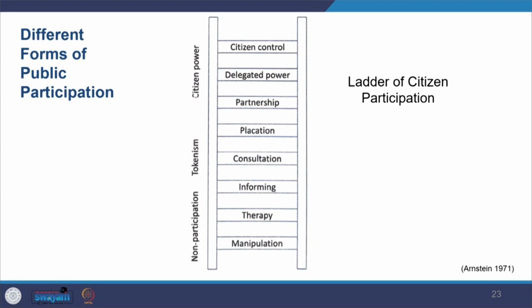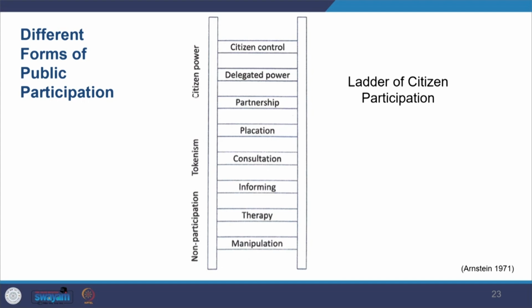And then another level you see is delegated power, where they also have equal power. The power is not just with the person who is proposing the project, but also with the people, and they can negotiate and discuss with you and come to an agreement where they are not powerless, but have a certain level of power. And the extreme side is that it's completely under citizen control.